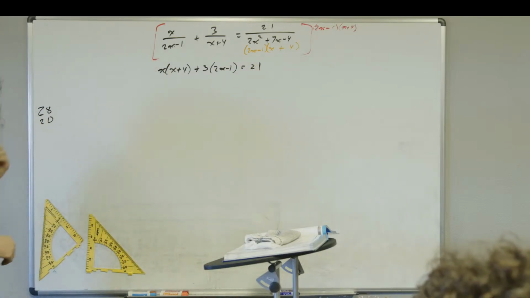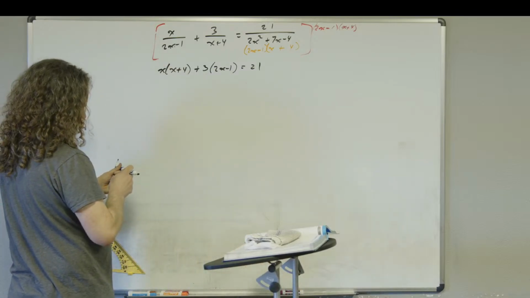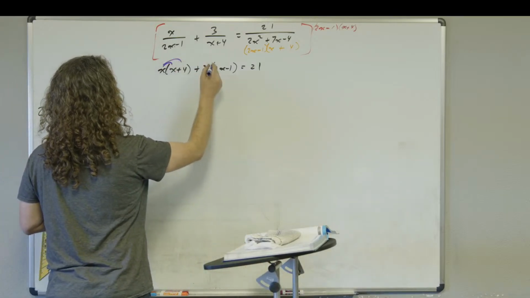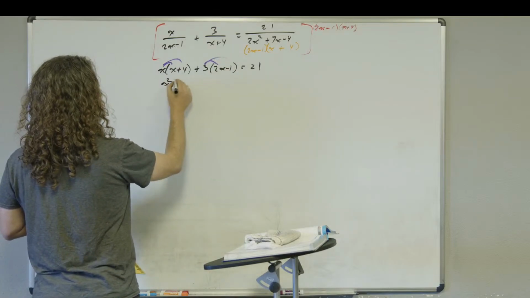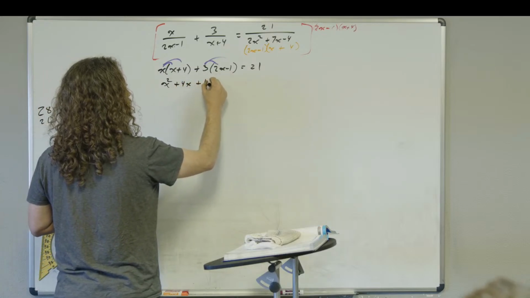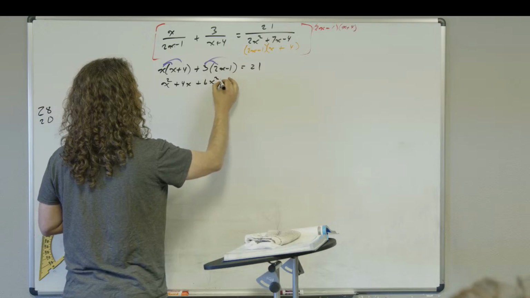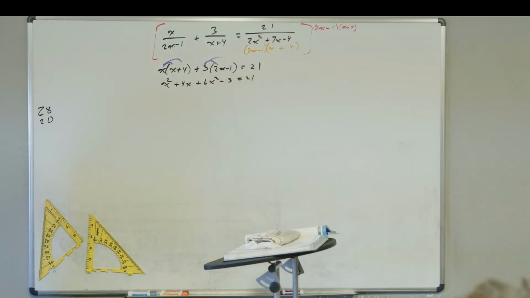Then distribute. We end up with x times x equals x squared, and x times 4 is 4x, and 3 times 2x is 6x. 3 times negative 1 is negative 3 equals 21. Okay. Combine like terms.